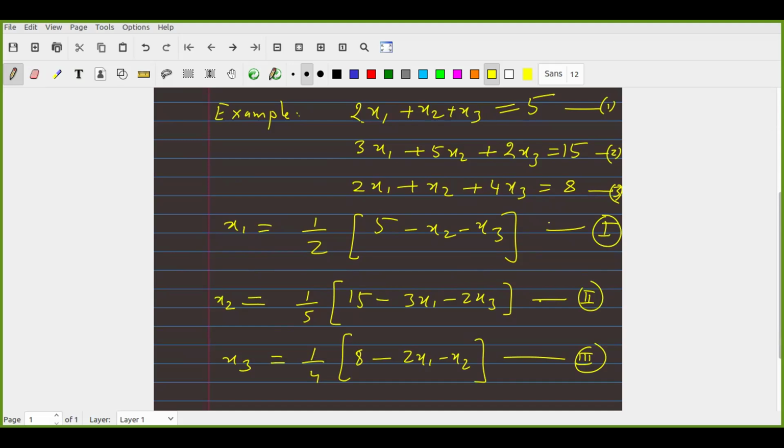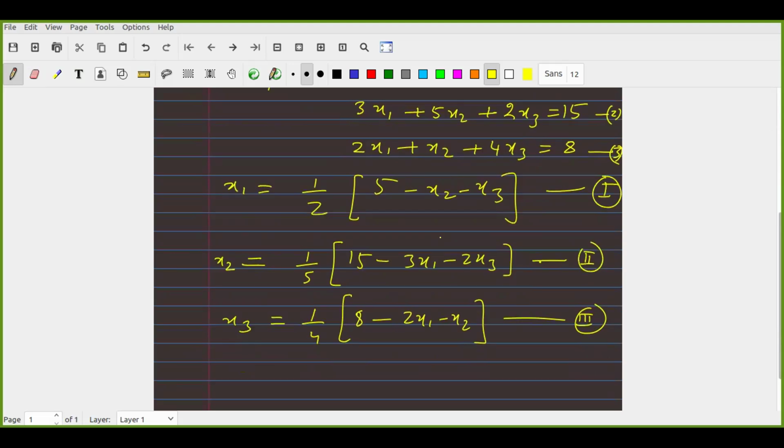Now, the prescription for the Gauss-Seidel method and the Gauss-Jacobi method is similar, in that we start with an initial guess. But what is the difference? I'm going to tell you shortly. So, some initial guess. We'll just start with 0, 0, 0. It's not a hard and fast rule, but you can even start with 1, 1, 1. But let's go with this.